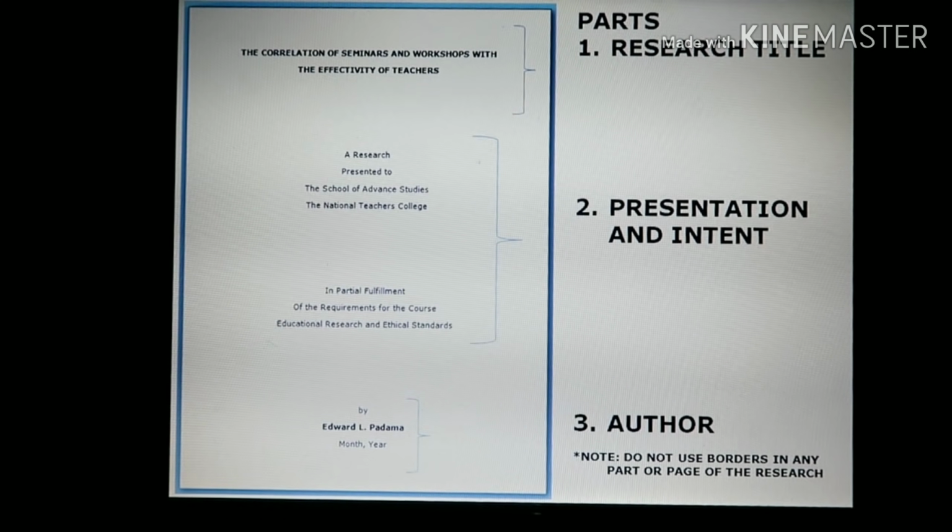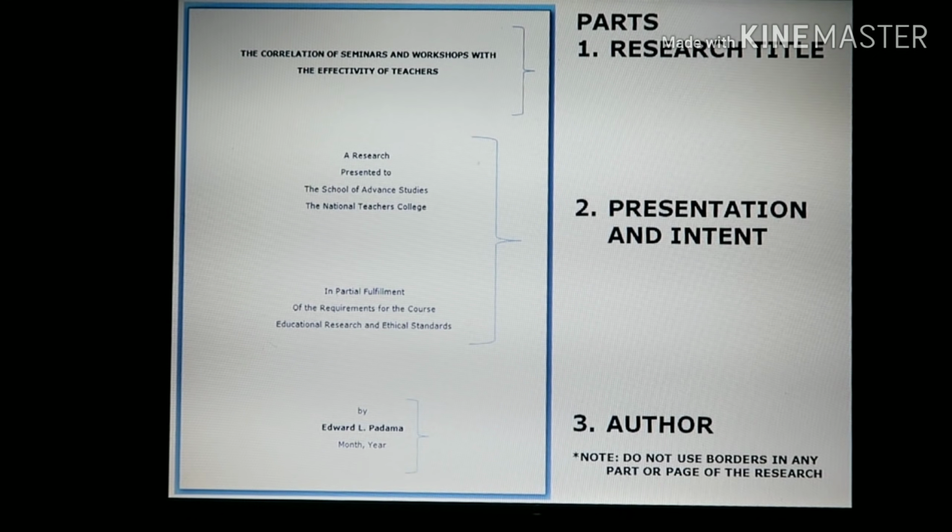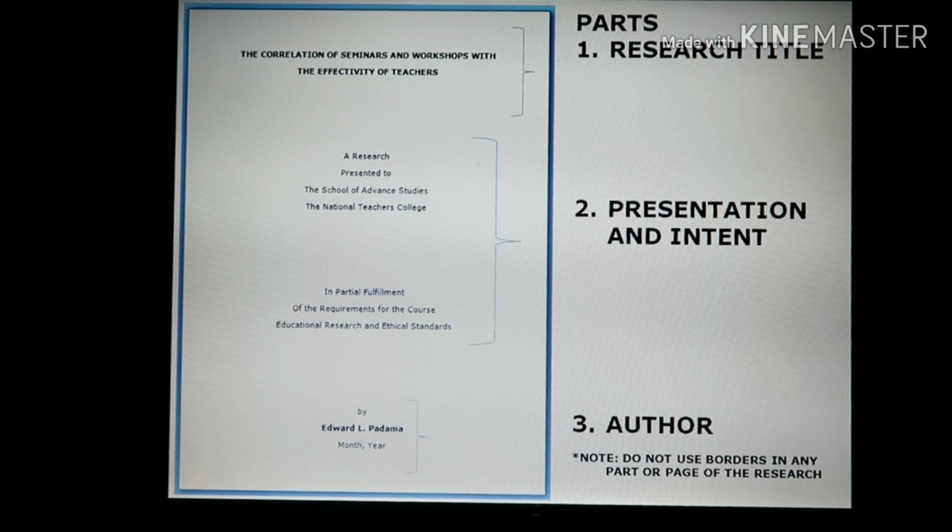Okay, for the second part of the research, we have the presentation and intent. So this part of the research is composed or divided into two further parts. So the first part on top reads, I'm going to read it to you, a research presented to the School of Advanced Studies, the National Teachers College.